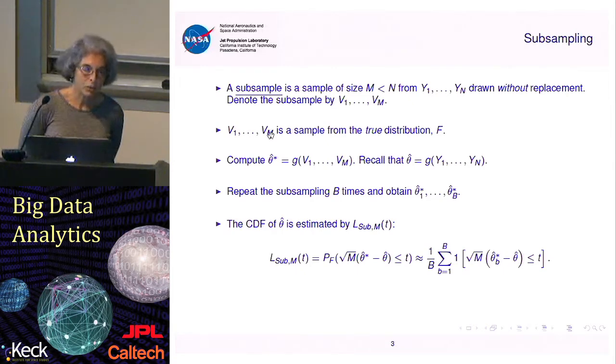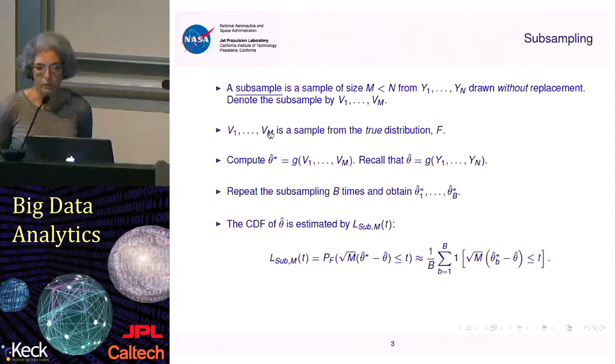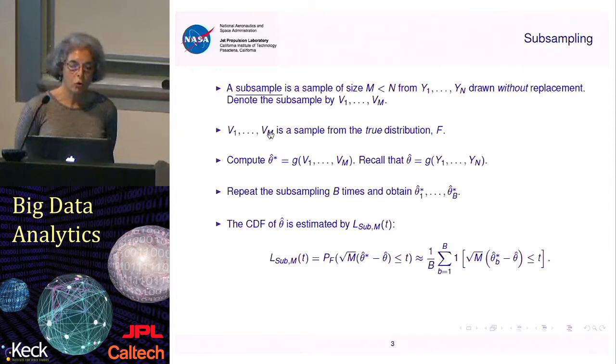A resample was a draw with replacement and was either a draw of the same size as the original sample, namely capital N, in the case of the ordinary bootstrap, or a draw of some smaller number of observations, which we called M, but in either case, in the bootstrap, it was with replacement, and now we're drawing without replacement, and we're only drawing M. So let's call the subsample V sub 1 to V sub M.